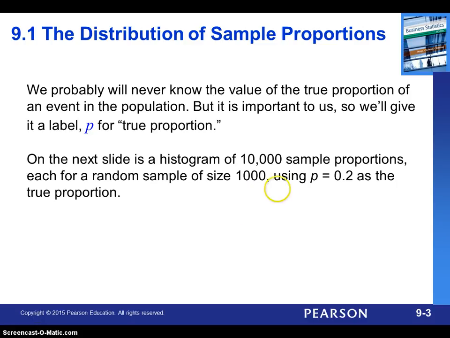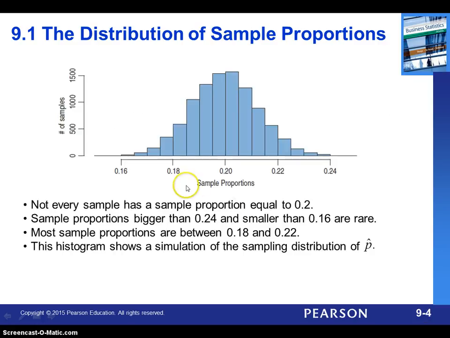It's pretty advanced, so again, we'll talk about it later. But they did this a bunch of times. So out of 1,000 answers, they created a bunch of samples. And then they plotted the samples' proportions. Every sample would have a different proportion, and then they plotted all these different proportions on a histogram.